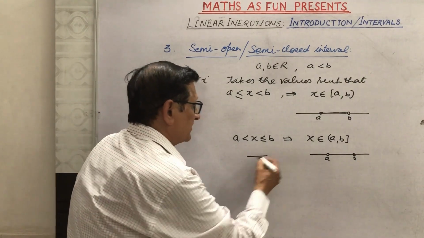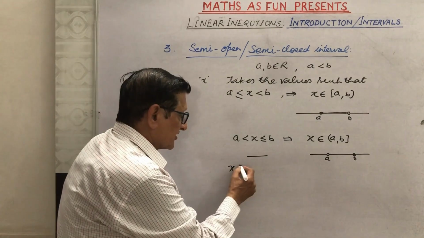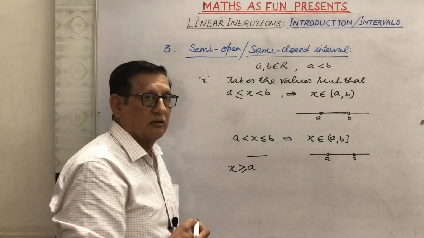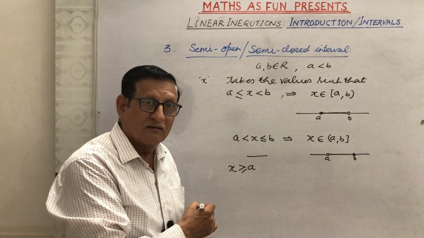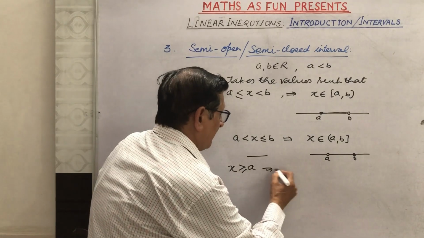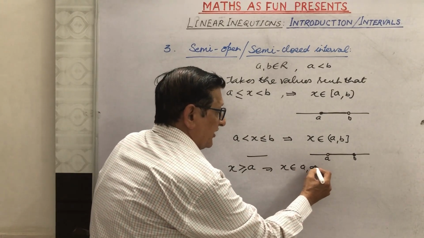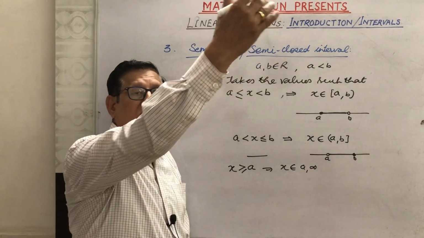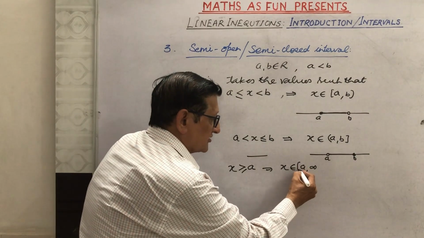Remember one more special thing. Suppose we have somewhere x is greater than or equal to a. Then we can say that x belongs to [a, infinity). It may take all the real values up to infinity from a and a is included. This is closed.